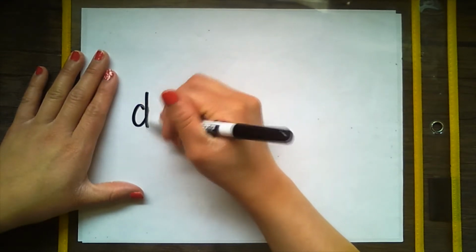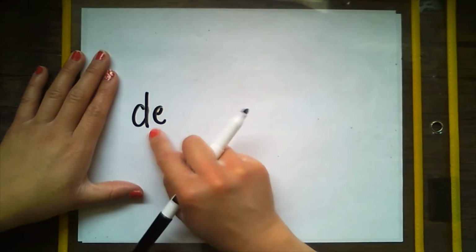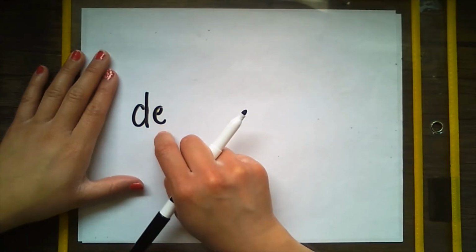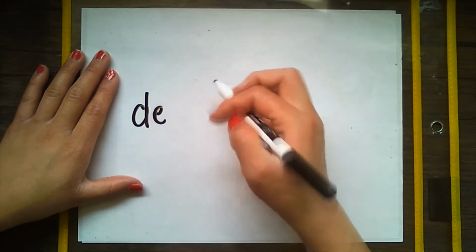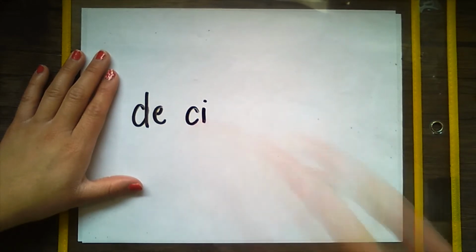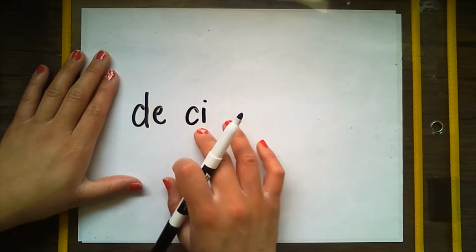Okay. Read, D. And remember, if the syllable ends with a vowel, it will be a long vowel sound. Okay. Read again. D. Read, si. I know this one's tricky. It's not sigh. It's going to be si.